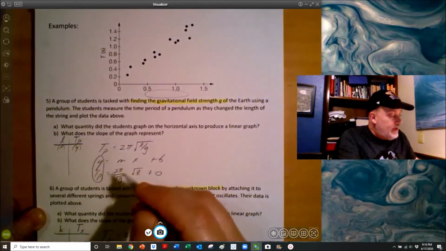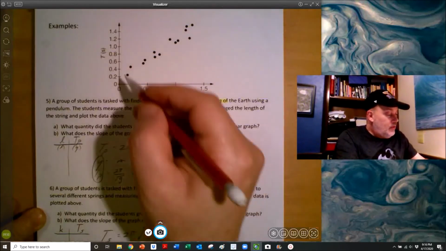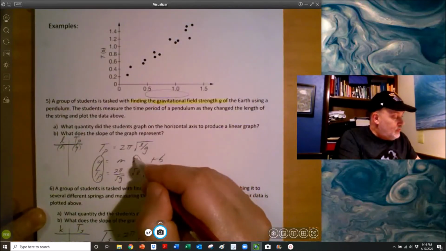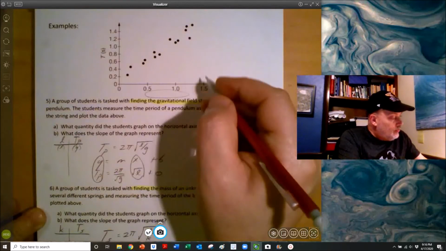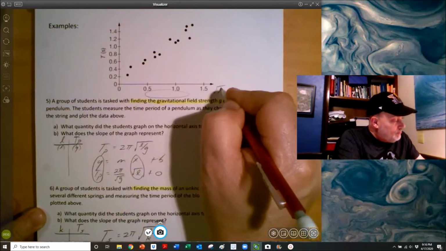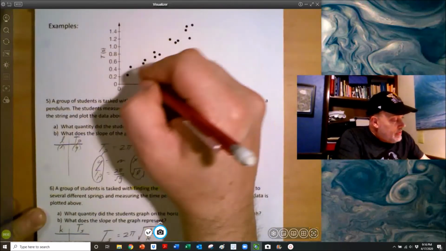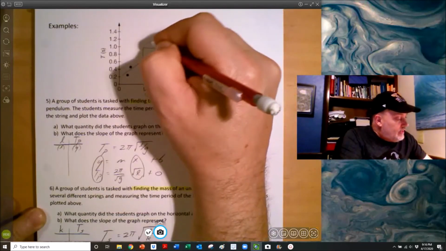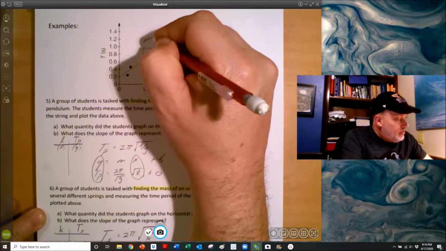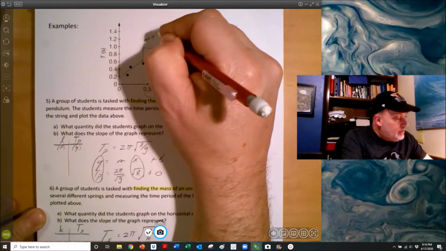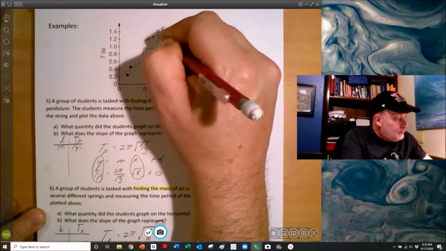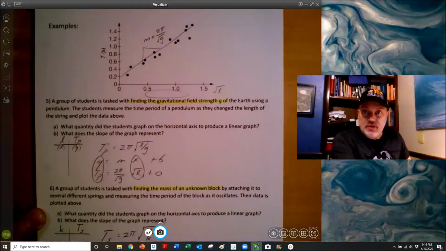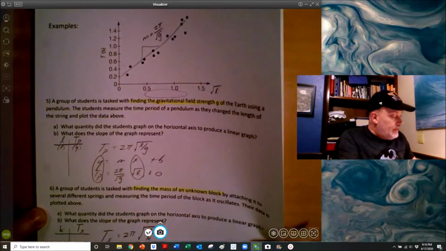So if we graph time period on the y-axis, which they did, and if we graph the square root of L, the square root of the length here, then when we find the slope, the slope m should equal 2 pi over the square root of g. All right? Now let's take a look at our second one.